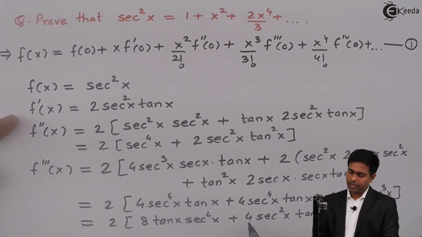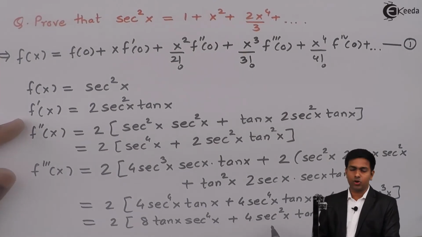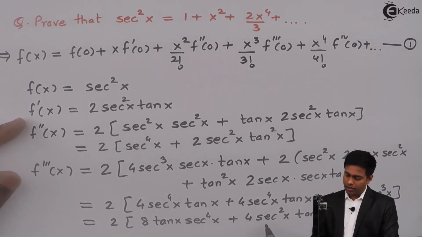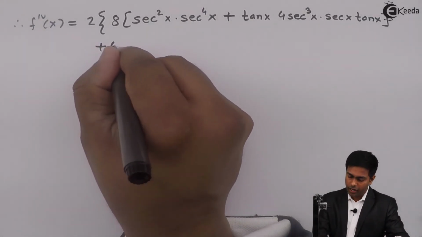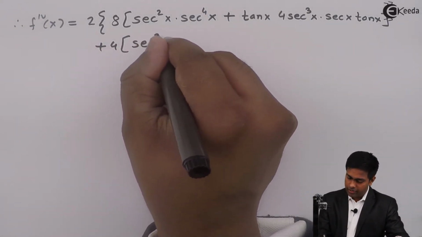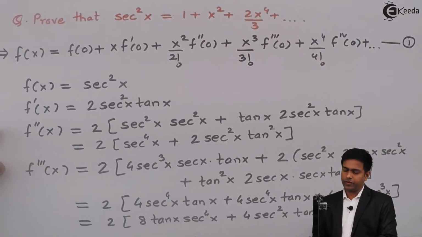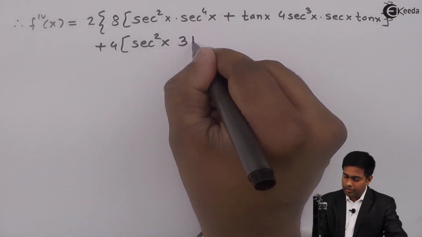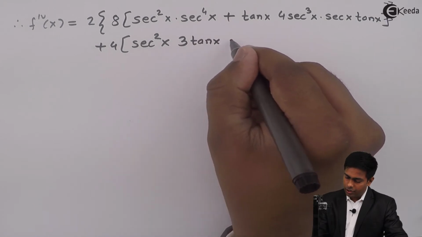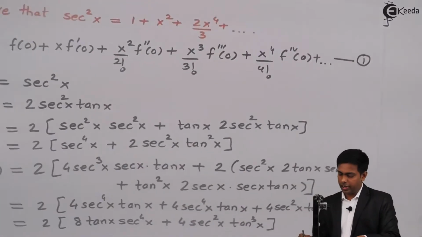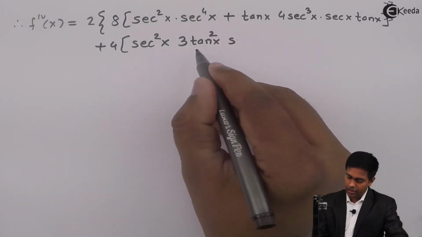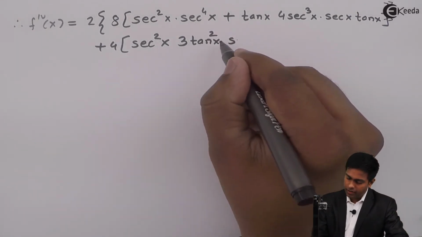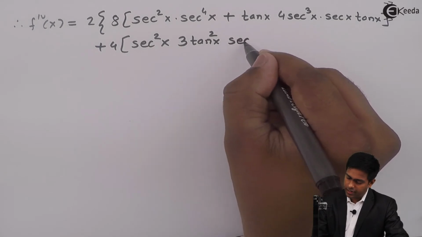Next, I'll keep this 4 as it is, we'll apply the product rule on this. So sec square x as it is, and the derivative of tan cube x is 3 tan square x into the derivative of tan x, which is sec square x.